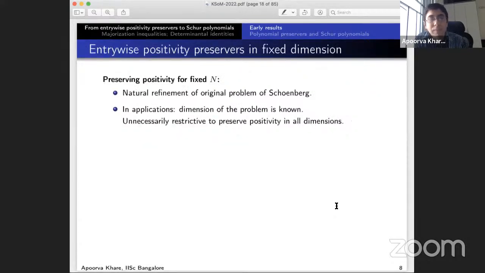This is mathematically a natural refinement, but it also comes up in high dimensional covariance estimation, where one knows the dimension of the problem, one knows the number of random variables, so I don't need to only use power series with positive coefficients. There are many other functions that work in a fixed dimension, like powers which are not integer powers.